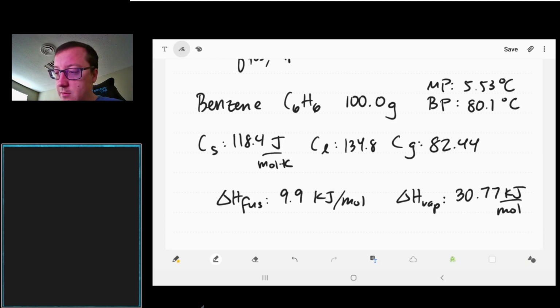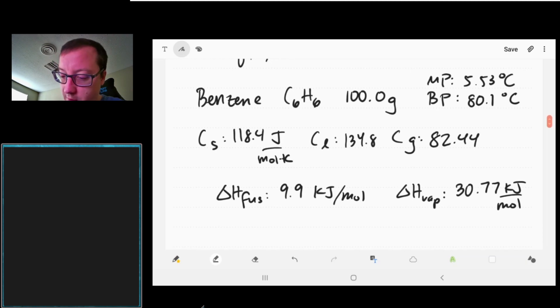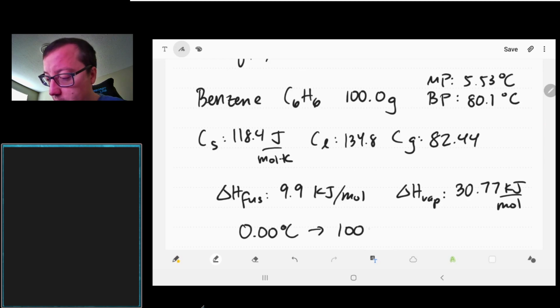And so let's say we're going to heat some benzene up from 0 degrees Celsius. Let's put some sig figs with that. To 100 degrees Celsius.